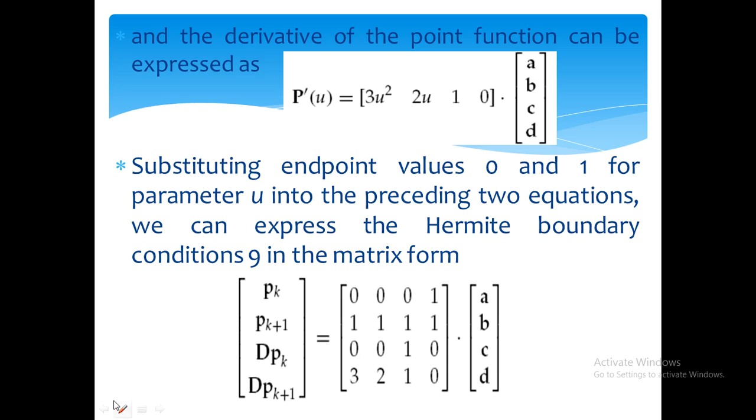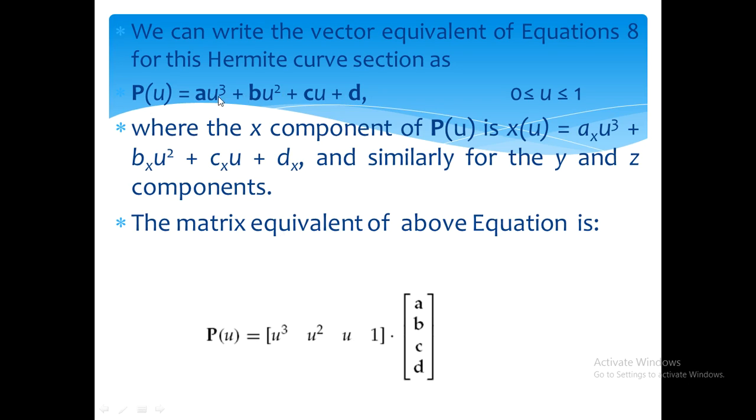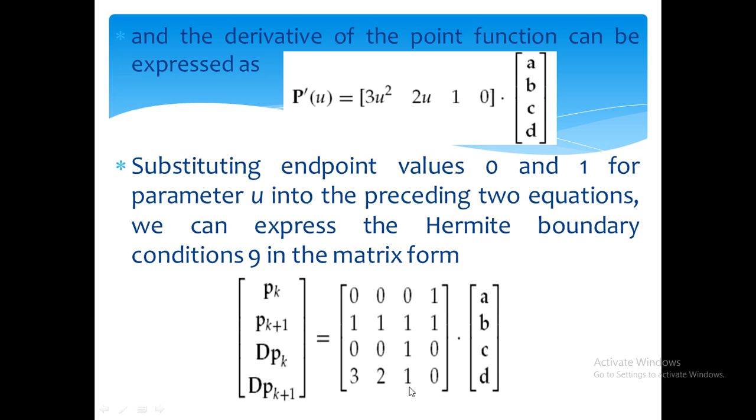The first order derivative of u^3 is 3u^2, the derivative of u^2 is 2u, the derivative of u is 1, and the derivative of 1 is 0.